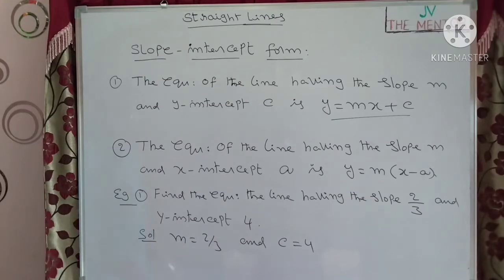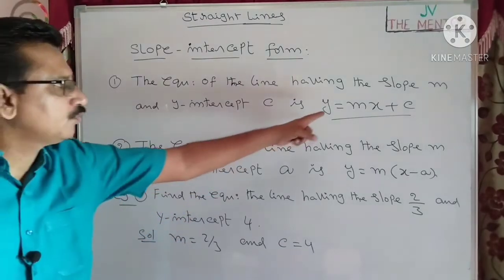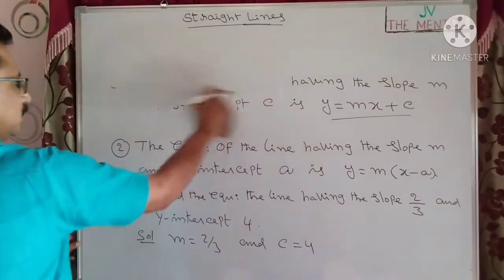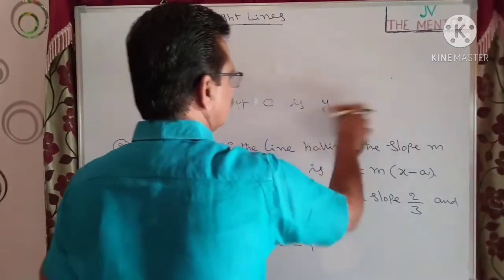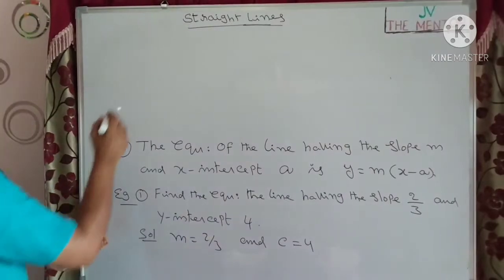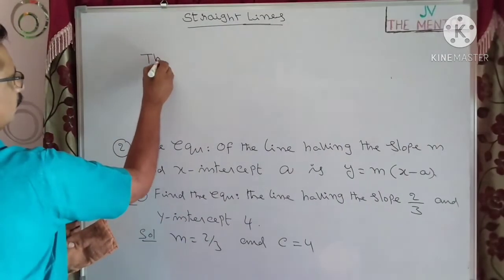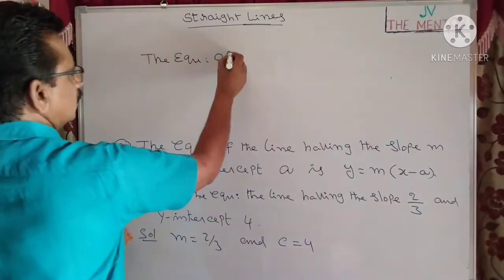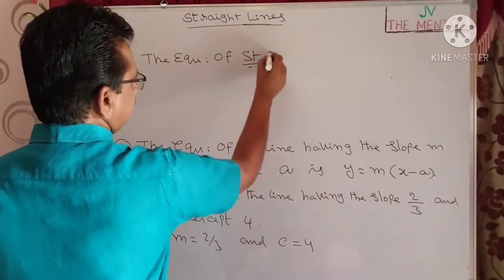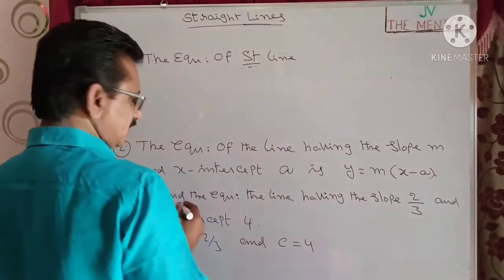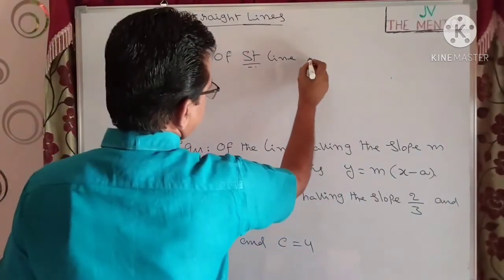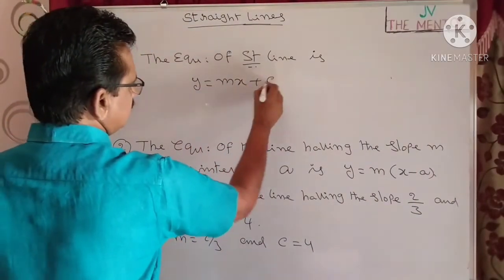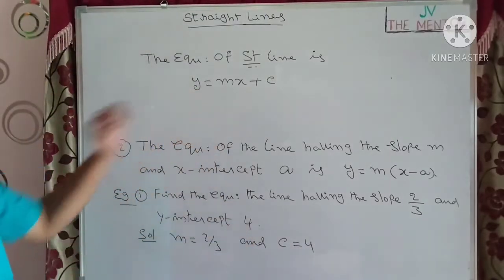Now the equation of the straight line in slope intercept form is y equal to mx plus c. Now substitute the values of m and c in this equation.